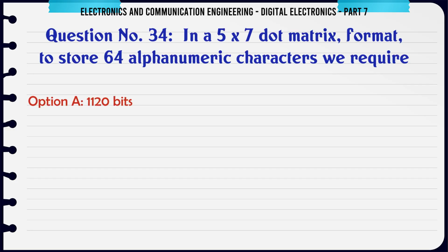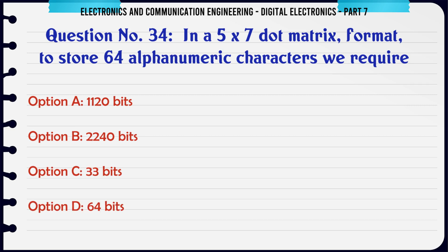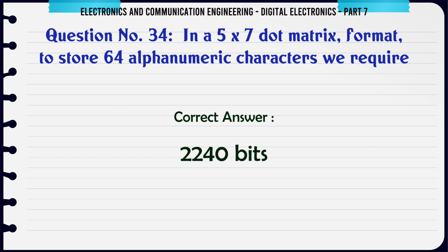In a 5x7 dot matrix format to store 64 alphanumeric characters, we require: A) 1120 bits, B) 2240 bits, C) 33 bits, D) 64 bits. The correct answer is 2240 bits.